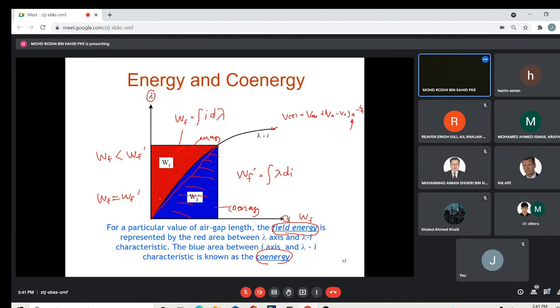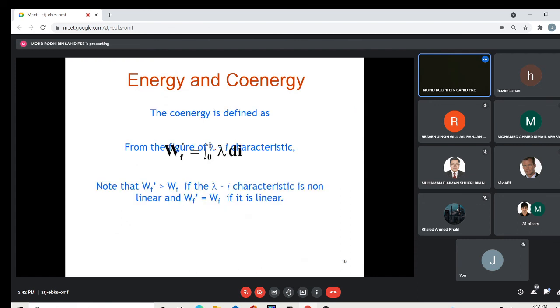So this is the equation that we normally use to define the energy and the co-energy. As I said just now, the co-energy is defined as the integration of the curve, whereby we define the curve as lambda.